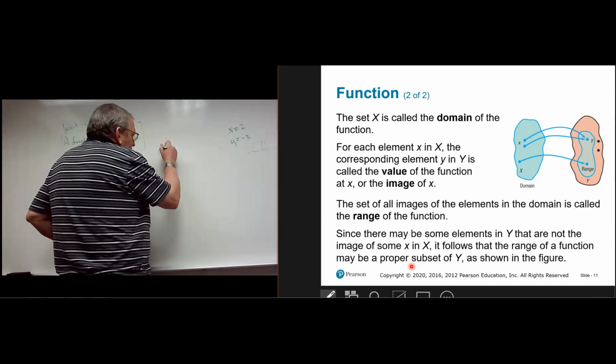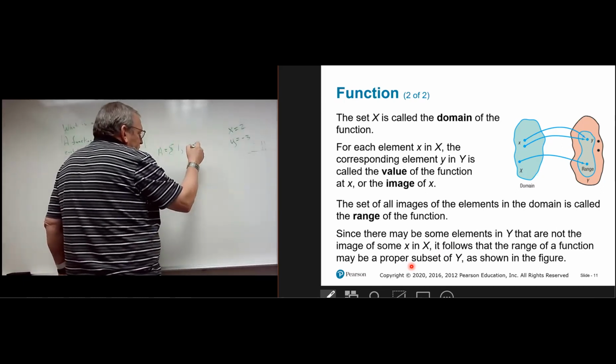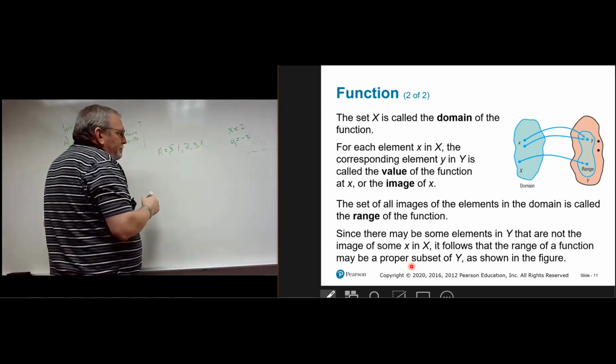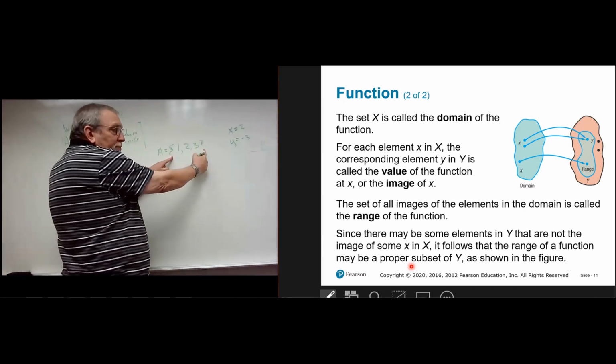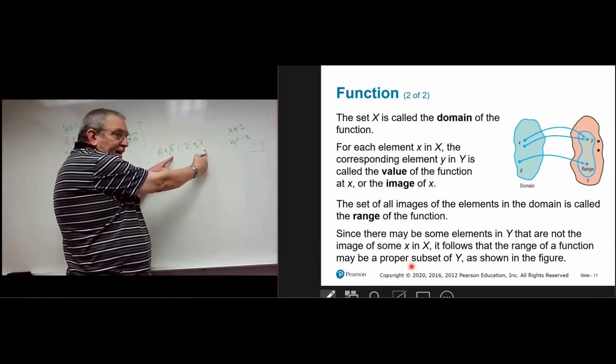So I have a set A, and I'm going to define the set A as containing the numbers 1, 2, and 3. Whenever you see something listed inside a set of braces, it's a set.